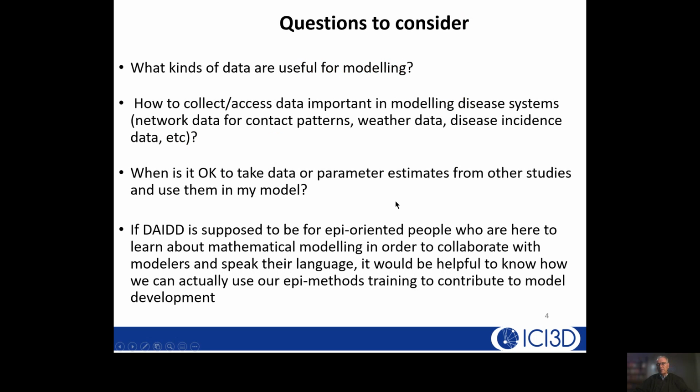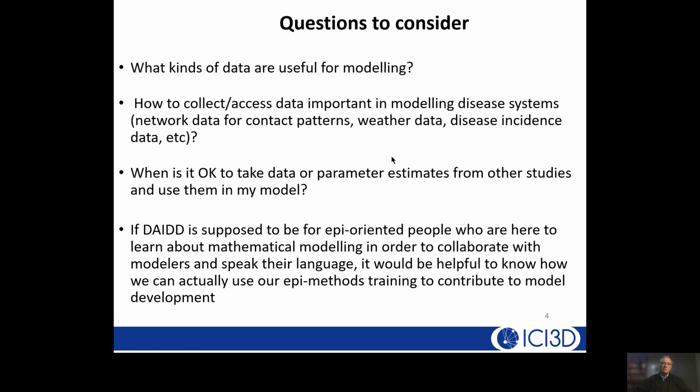Now, a student on the course in past years actually asked some useful questions regarding this whole process. They asked, for instance, what kinds of data are useful for modeling? How to collect or access the data that we're going to be using: network data for contact patterns, weather data, disease incidence data, that kind of thing. And also asked, is it okay to take data or parameter estimates from other studies and use them in your own model?